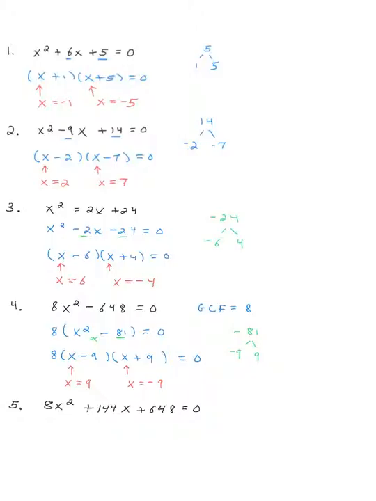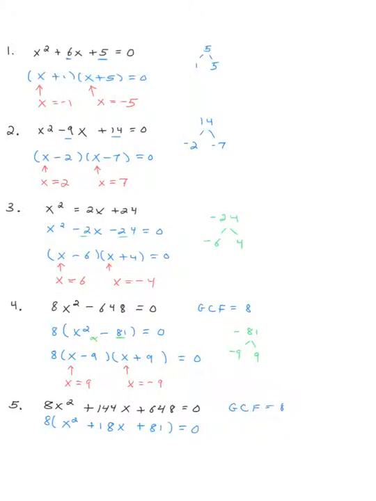Again, I think we can remove a factor of 8 from every single term. Looks like the greatest common factor is 8. We're left with x squared plus 18x plus 81. So somewhat similar to question 4, except now there's a middle term of 18. I'm noticing that had this been a +9 and a +9, well, that would go to 18.